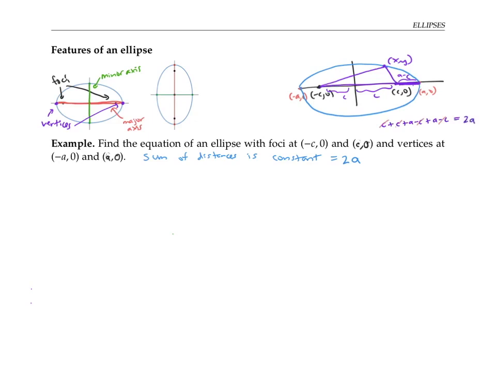So let me write out my formulas for distances. The distance from a point (x, y) to the first focus, the point (−c, 0), is going to be the square root of (x − (−c))² + (y − 0)². And the distance from (x, y) to the second focus, (c, 0), is going to be the square root of (x − c)² + (y − 0)². That sum needs to add up to 2a.